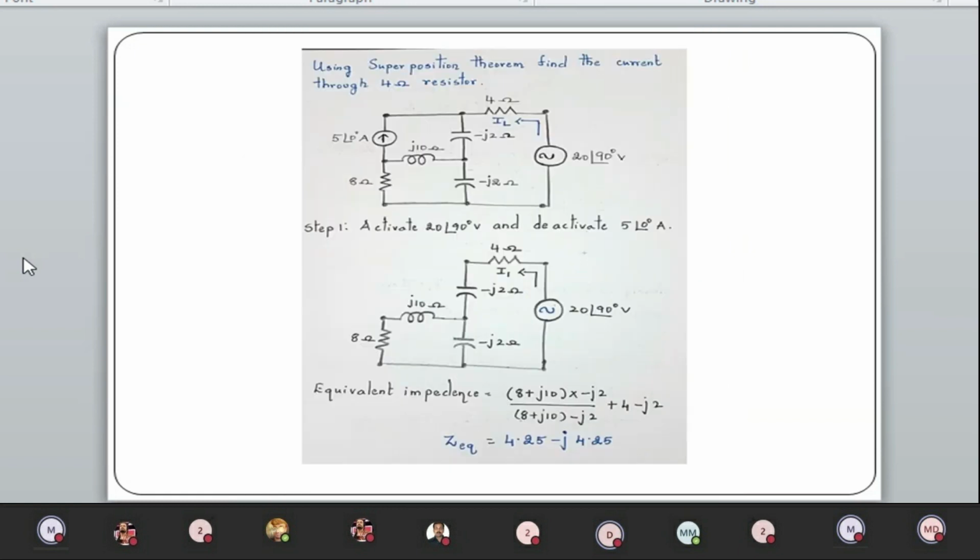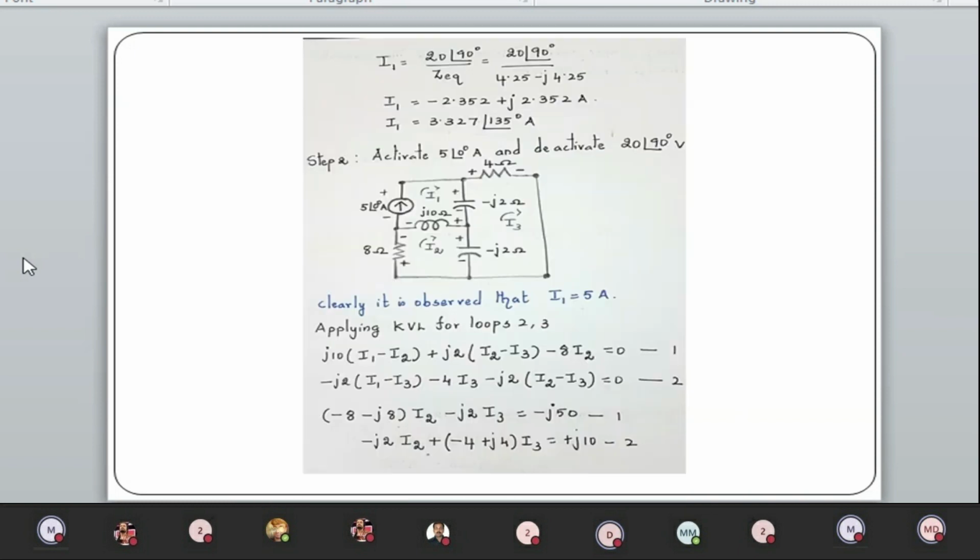The current due to the voltage source is taken from the reference of voltage. Now, when I took the current source as active, I3 is just opposite to IL, so it is actually minus I3.